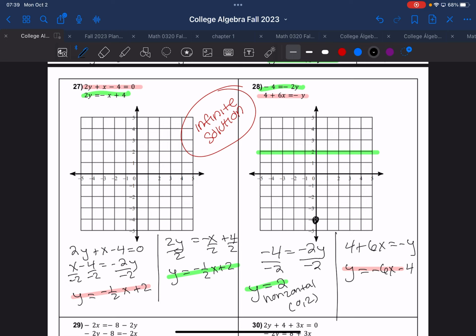If I go down 6, I'm off the graph, so I want to be on the graph. So I'm going to go up 6, and then I'm going to go over to the left 1. When I draw my line, I see that this connects at 1 point, meaning I have one solution at -1, 2.